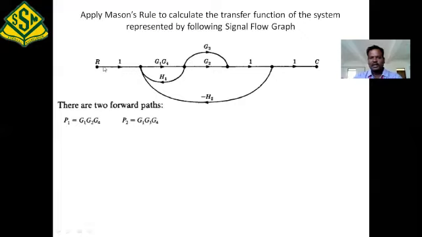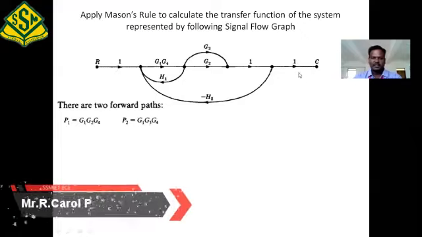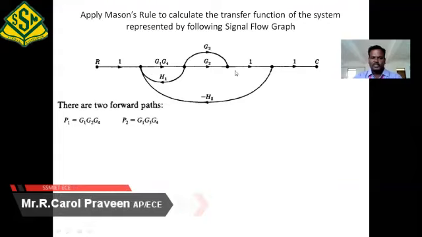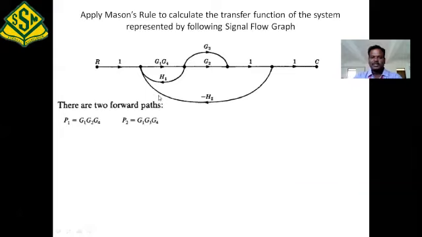You have to multiply all those gains present in the first forward path P1: 1 into G1, G4 into G2 into 1 into 1. Rewriting in the proper order: G1, G2, G4. So this is the first forward path P1.